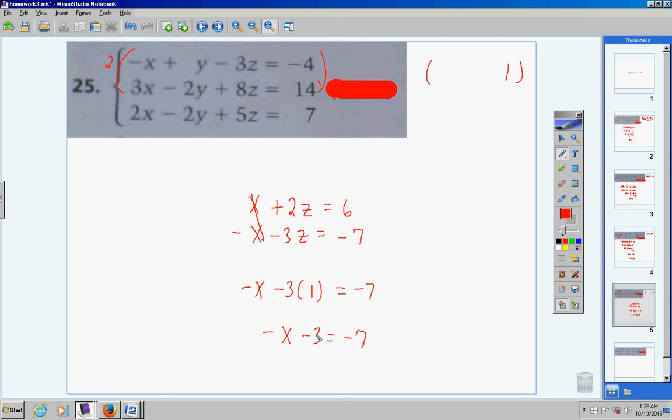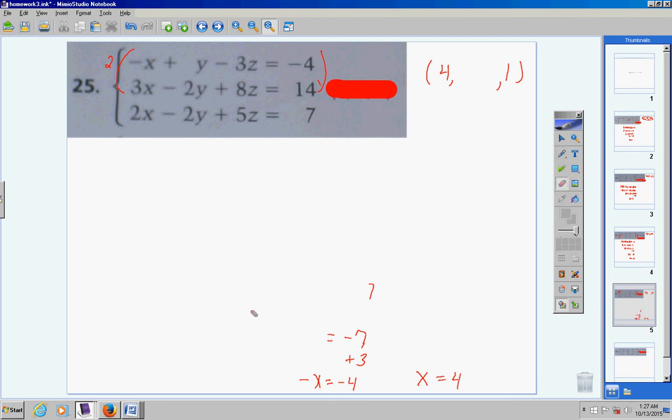Bring your -3 over and make it a +3. So we're left with -x equals -4. If -x equals -4, then x equals 4. Okay? So here we go. We'll put a 4 right here and then put a comma. Now, we know what x is and we know what z is. All that we have to do now is find the value of y.